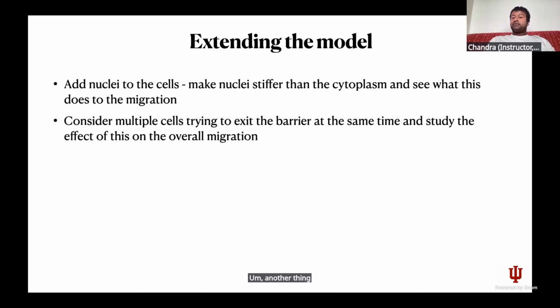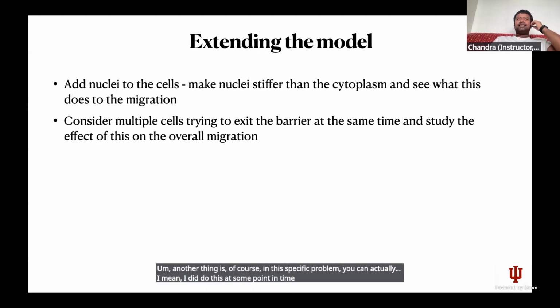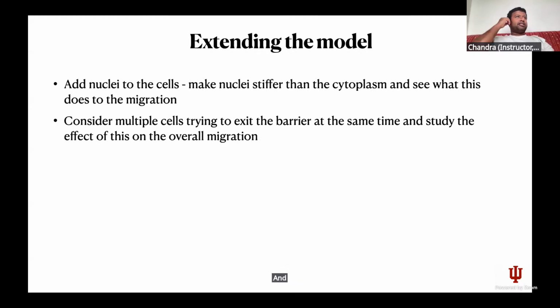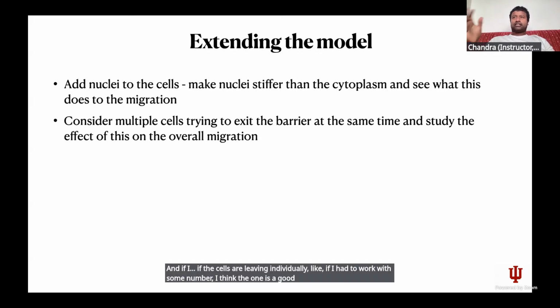Another thing is, of course, in this specific problem, I used to have four cells, and I realized that biologically there are close to 40 cells. If the cells are living individually, one cell is the best state to start from, so I stuck to it.